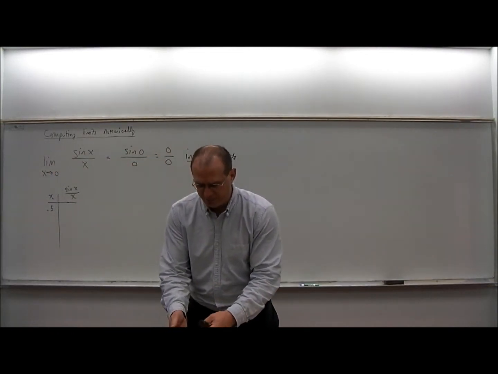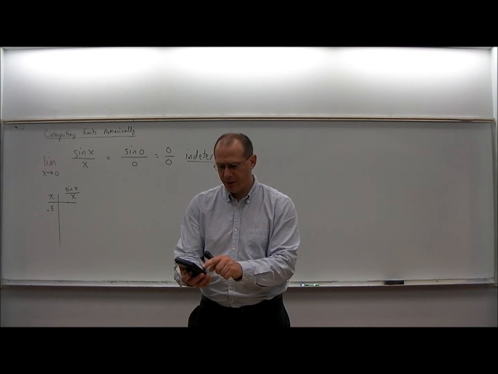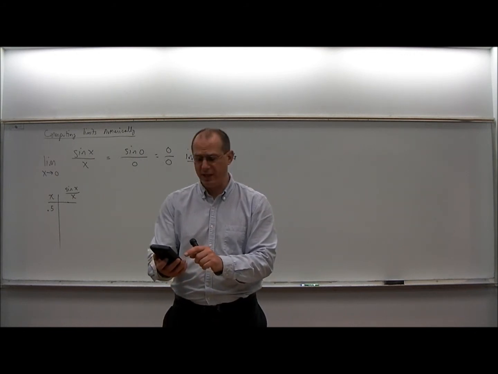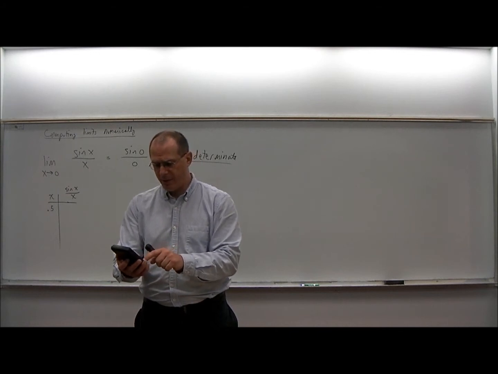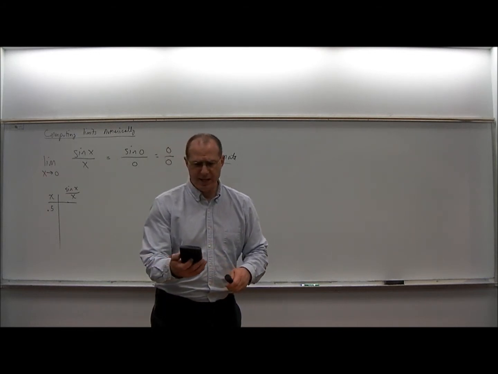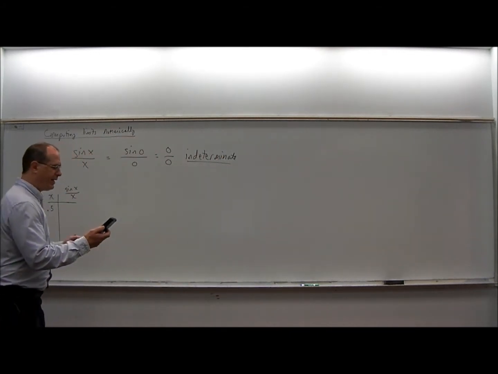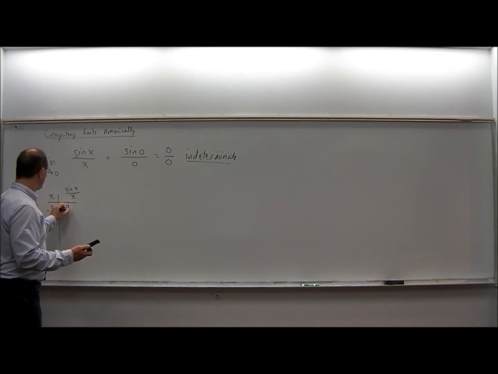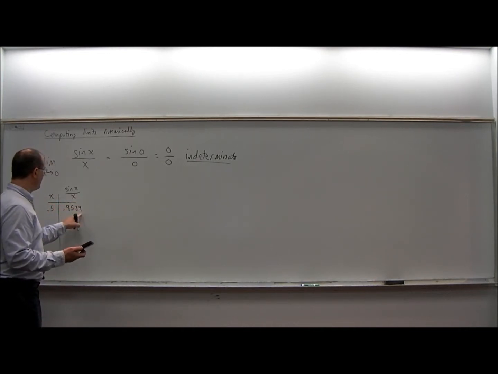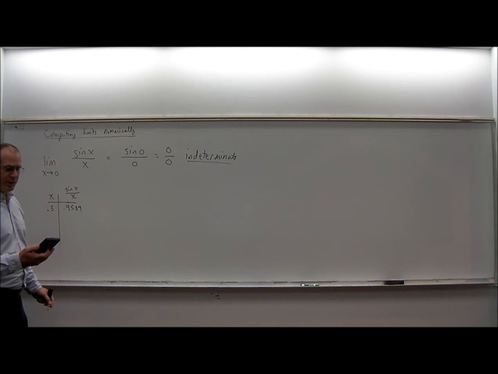Let's do that. Sine 0.5, which is about 0.479, divided by 0.5, and I get 0.9589, rounding off to 4 decimal places.